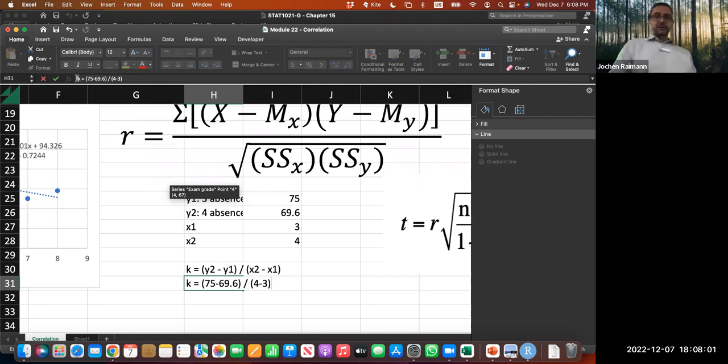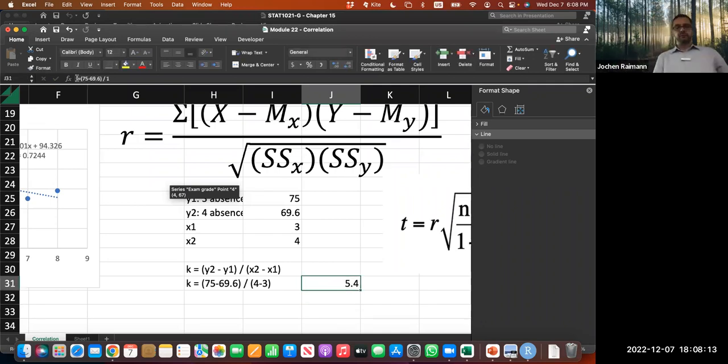So the final calculation essentially is 75 minus 69.6 divided by 1. That's 5.4. So that is our slope.